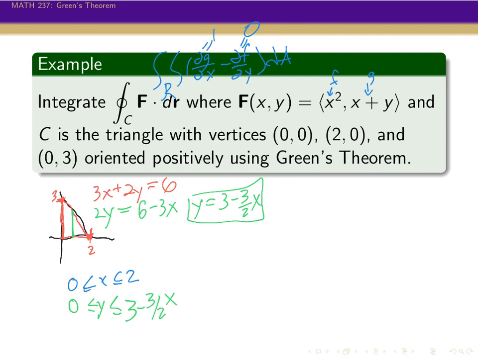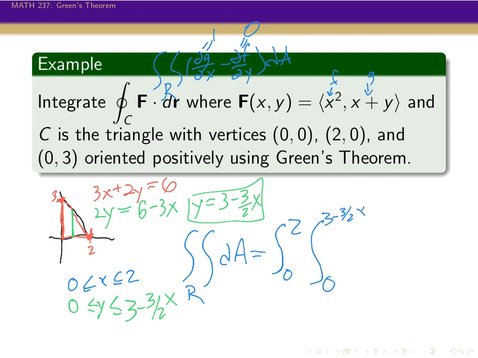So we are just integrating 1. And so plugging in the bounds, this is the integral from 0 to 2, from 0 to 3 minus 3 halves x of dy dx.